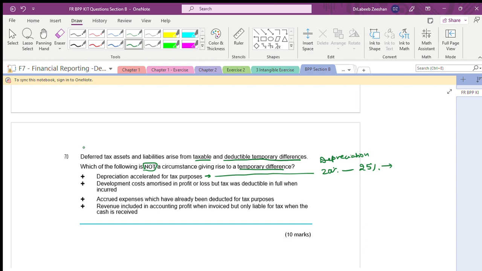If the rate of depreciation increases, your expenses will increase and your profits will decrease. Automatically what will happen? There will be a temporary difference. This is the source of temporary difference.